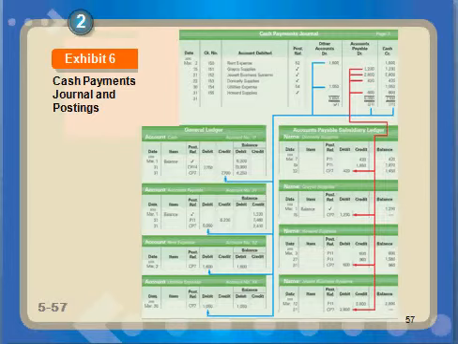And you can see where we posted that, $5,050. And then the $7,700 is a credit to our cash account, which is account number 11. And it's in parentheses.